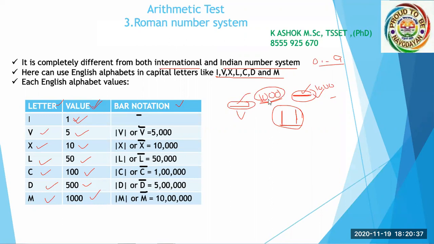So V is 5, X is 10, L is 50, C is 100, D is 500, and M is 1000. But sir, you are saying bar is 1000. What does it mean actually? Let us come to the notation.